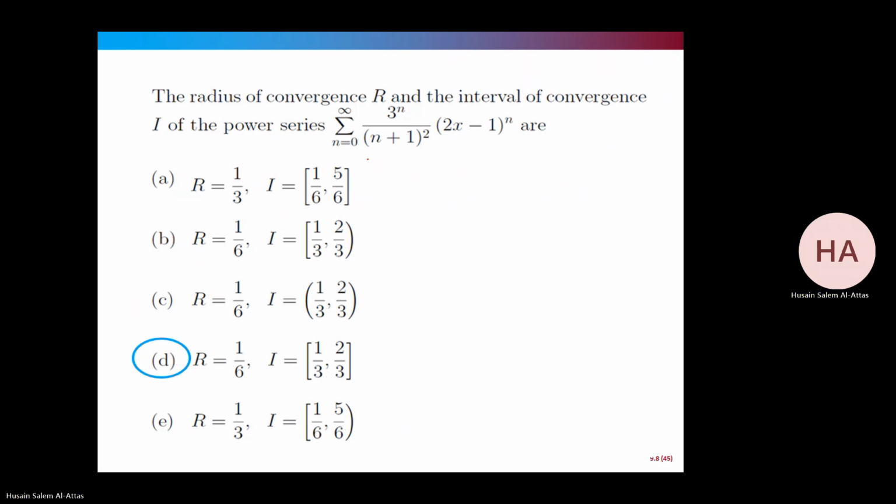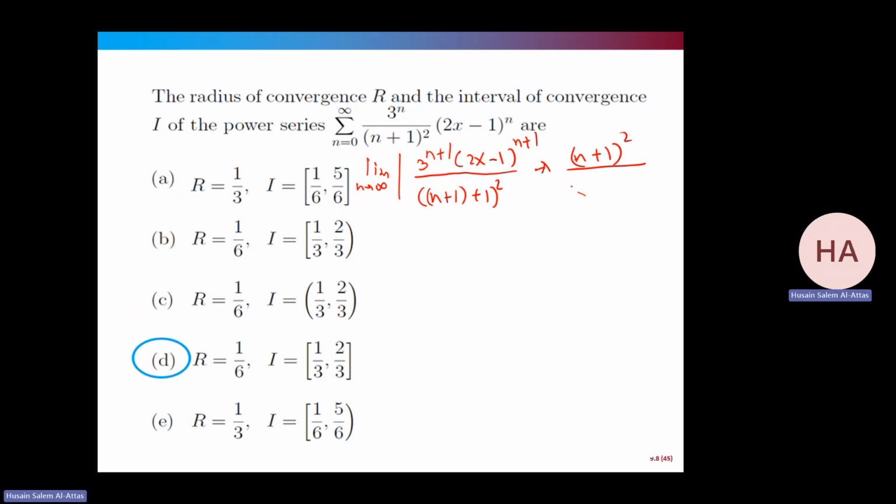See what will happen. So I need the limit as n goes to infinity of what? 3 to the power n plus 1, (2x minus 1) to the power n plus 1, over (n plus 1 plus 1) square. Reciprocal of this: (n plus 1) square over 3 to the power n, (2x minus 1) all to the power n.